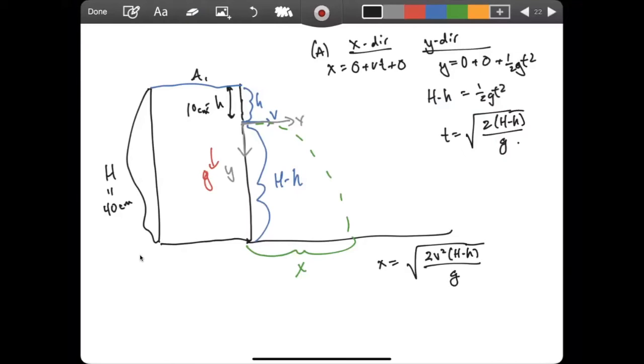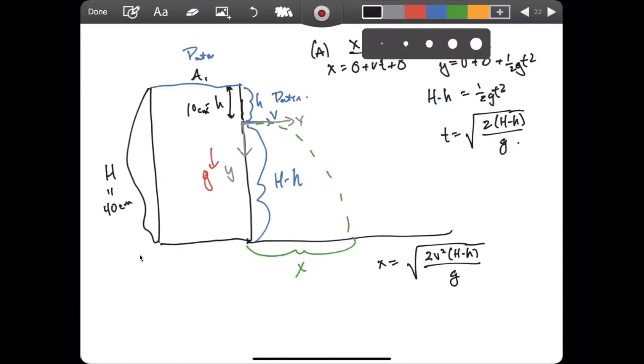So all we have to do now is find the velocity, v, when it actually comes out. And we can do that by using, again, Bernoulli's equation. Let's say this thing is open to the air, so I have P atmosphere here, and when it comes out, it's also P atmosphere.